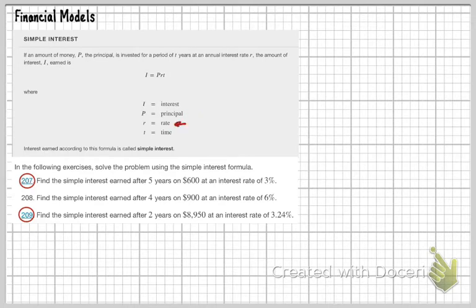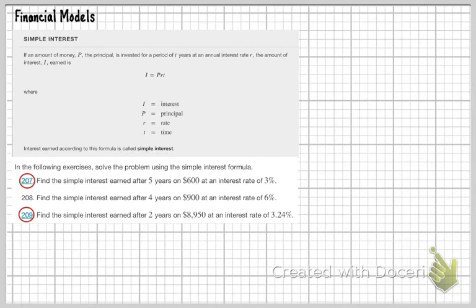Rate is the percentage, and time is in terms of years. So when I deal with this idea of simple interest, those are our components. So I equals PRT. Interest earned according to the formula is called simple interest.